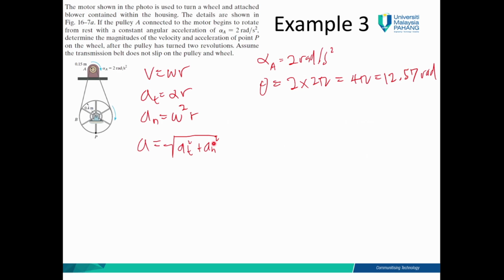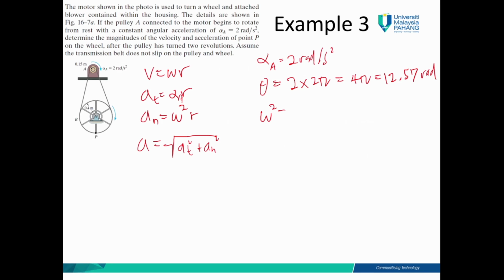So what do you need? You know your angular acceleration, right? So what is left is for you to find the angular velocity. So you know your displacement, you know acceleration. How do you find the angular velocity? You can use your formula.